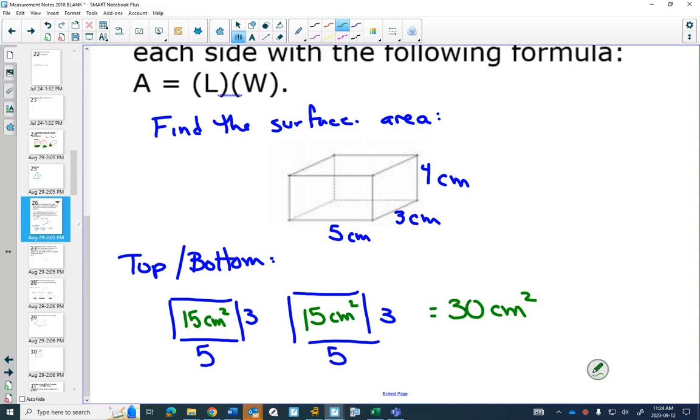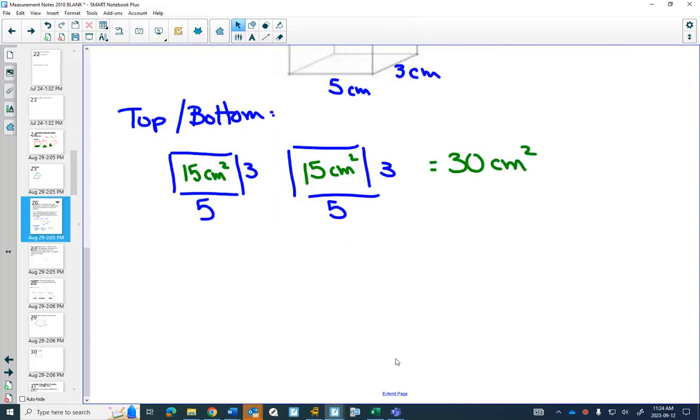Because they will say the top and bottom rectangles are the same, so I'm going to just draw one, but when I write the total, I'll times it by 2. That might save me a little bit of time. Right now, just to really show that there's going to be 6 of them, I'm going to draw them all up.